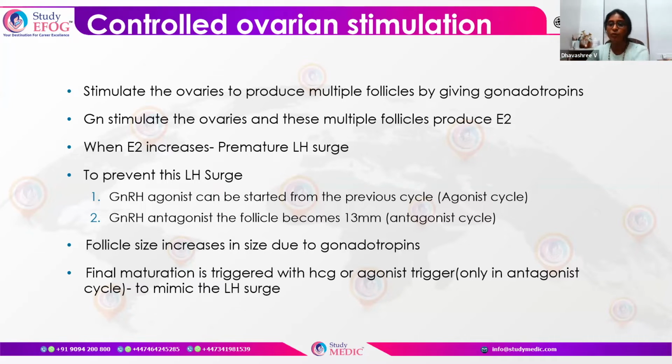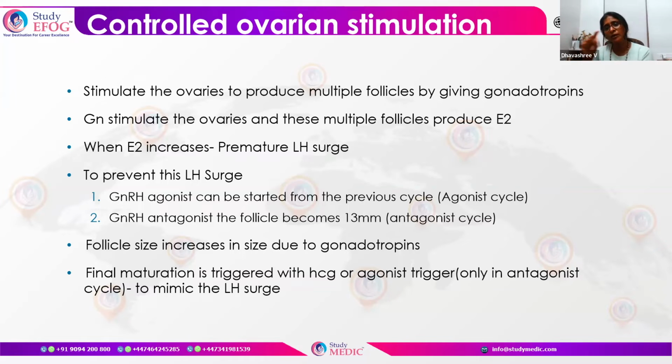So basically what happens is, the GnRH agonist suppresses the receptors, thereby it depletes the receptors so that there is a down-regulation of the gonadotrophin releasing hormone receptors. So this causes a depletion. Thereby, whatever we give, there may not be any FSH or LH secretion.